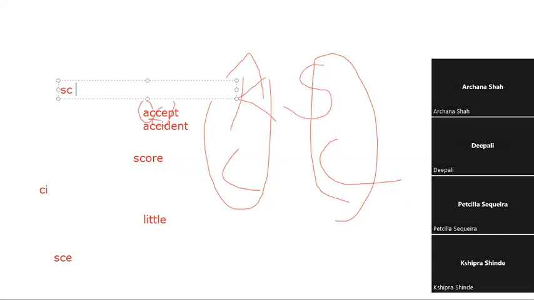If you have E, I, Y, then it will be silent. But if you have SC followed by A, O and U, then it will not be silent. Scalp, scooter, scoop. So it's not silent. S is giving S and C is giving K. Okay.